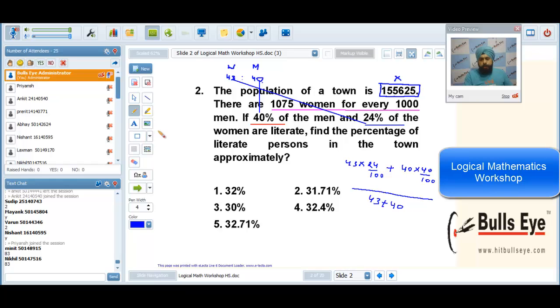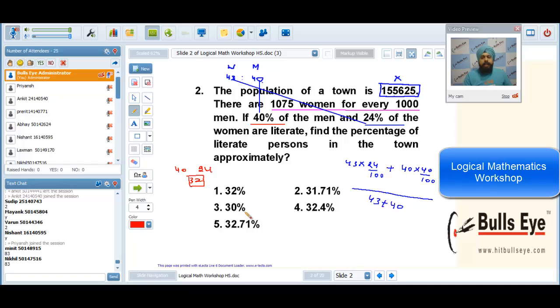One more thing which you could have applied is, see, the percentages given are 40 and 24, and their simple arithmetic mean is 32. That simply means the average will be 32% in case the number of women and men are equal.